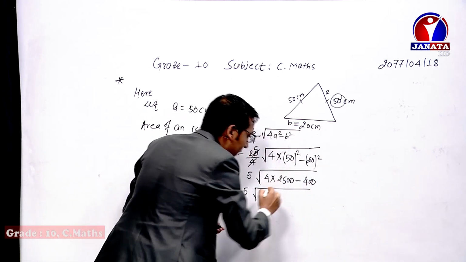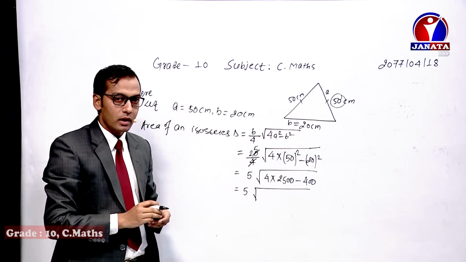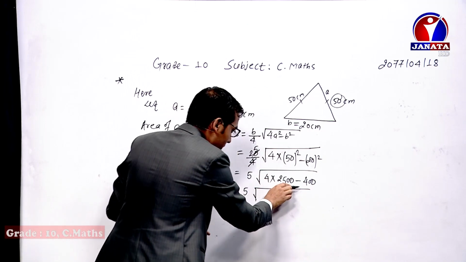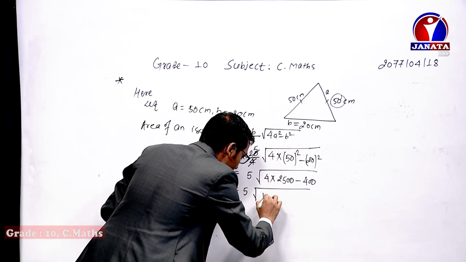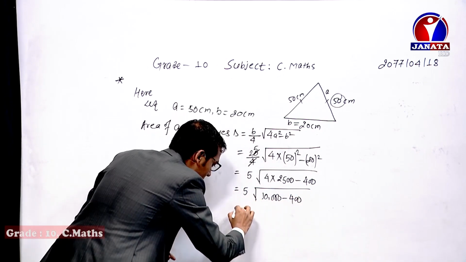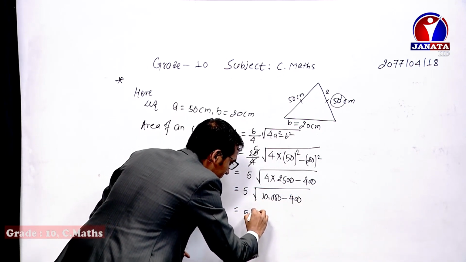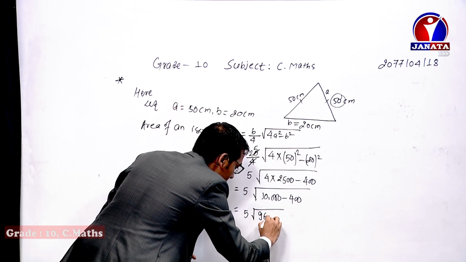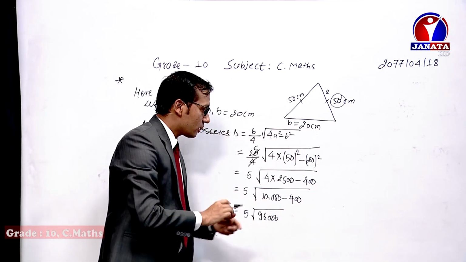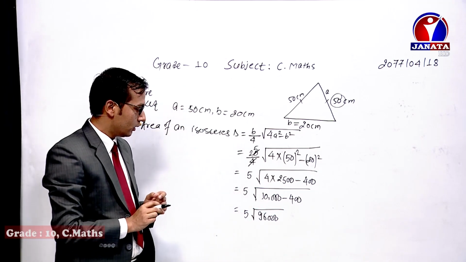Now we are simplifying this. 2500 times 4 is 10,000, minus 400.